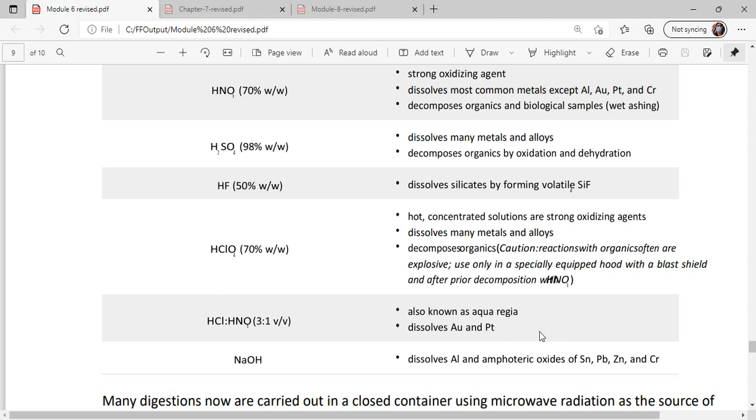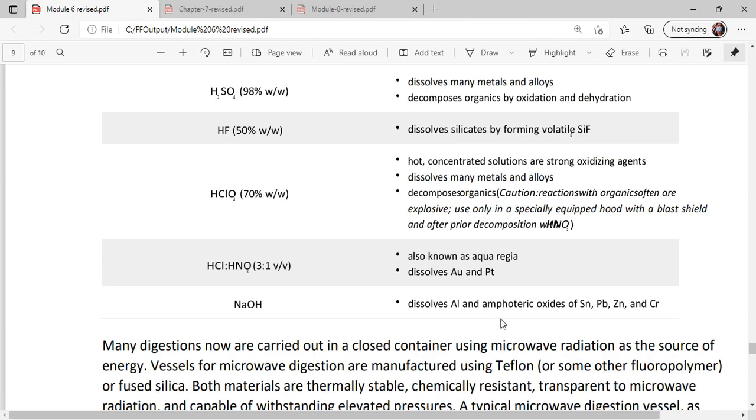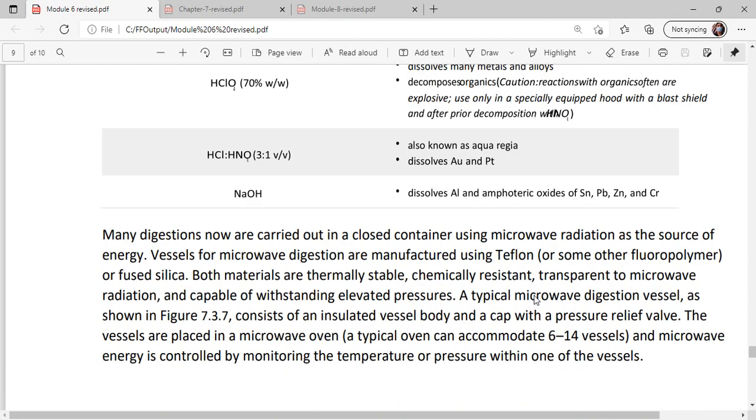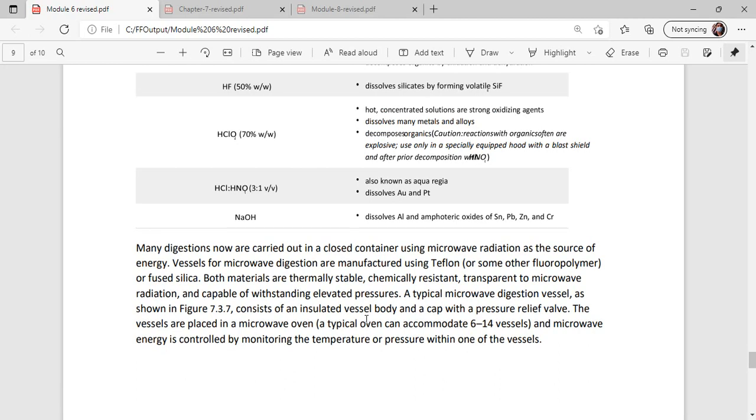Then your HNO3 with HCl, also known as aqua regia, dissolves gold and platinum, and your NaOH dissolves aluminum and amphoteric oxides such as Sn, Pb, Zn, and Cr.